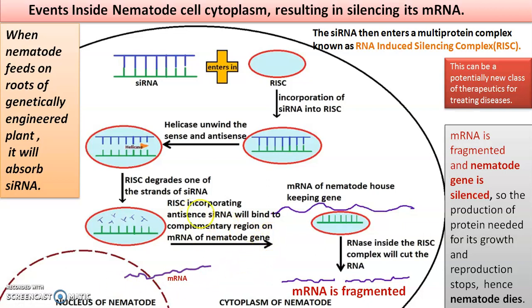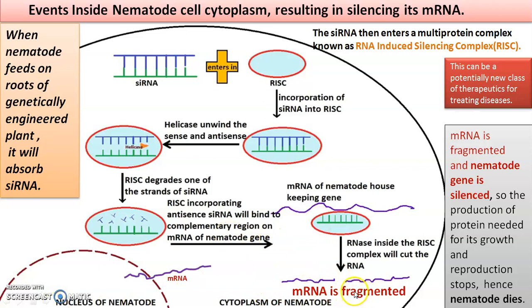So when this RISC along with the antisense RNA binds to the mRNA, which was healthy, what will happen? There is a ribonuclease enzyme also present in the RISC. It will cut the mRNA and the mRNA will be fragmented. Can you see that? So now this mRNA cannot dictate for protein. It cannot make protein needed for the growth of the nematode.